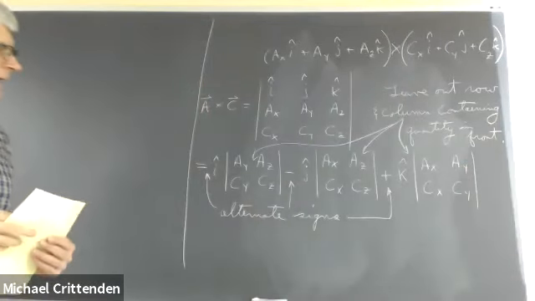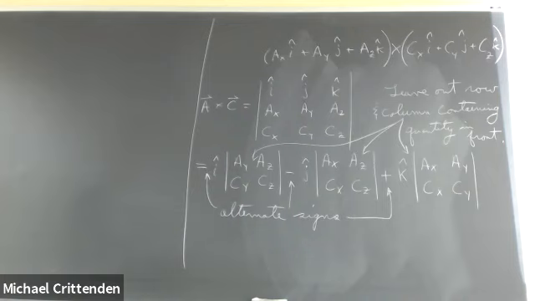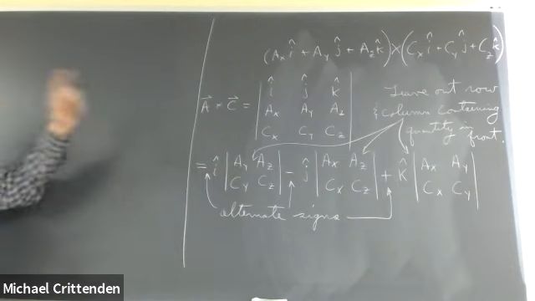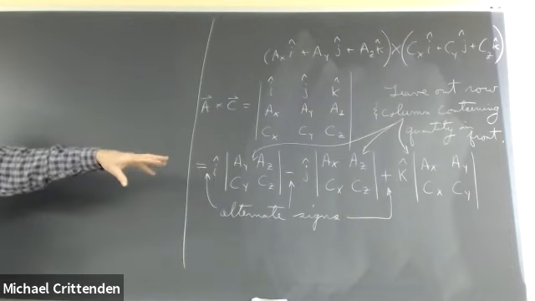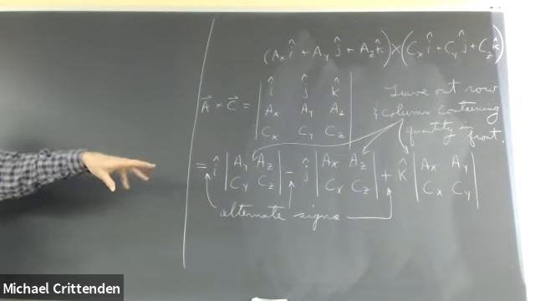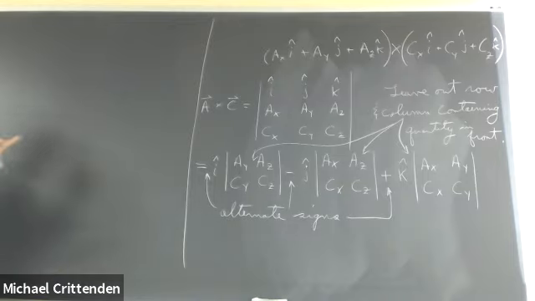It says what I already said while I was writing it down, that you leave out the row and the column containing the quantity in front. And then, again, alternate signs as you write each term. So that reduces a 3 by 3 down to an expression containing 2 by 2s. How do you evaluate a 2 by 2?